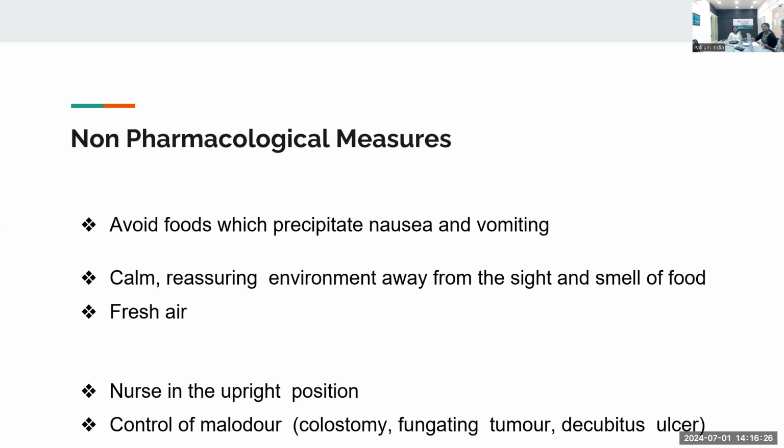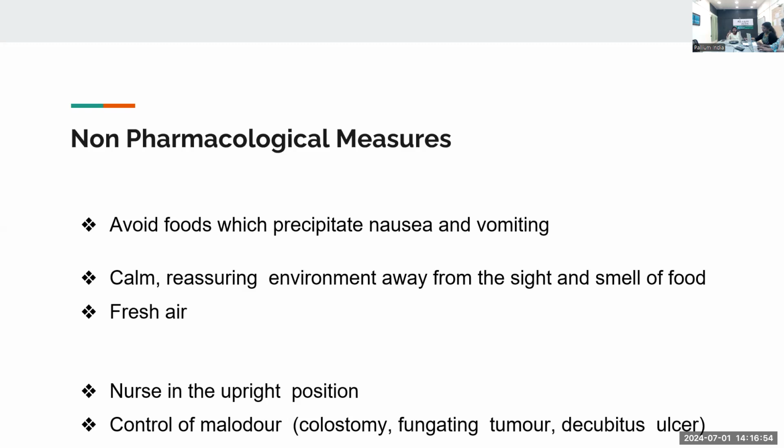And the last one, the control of malodor. That is very important. We have a lot of patients who are on colostomy, and very often we hear that. Sometimes some patients won't notice the smell, but most of the time they'll tell us they can smell it. Imagine they can feel the smell, right? A patient having a colostomy, due to the bad odor, cannot eat.